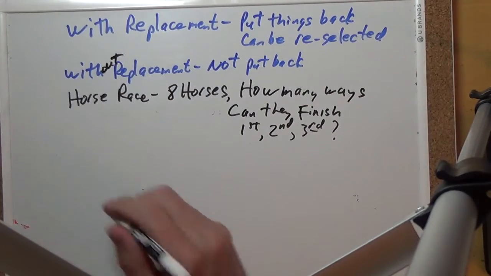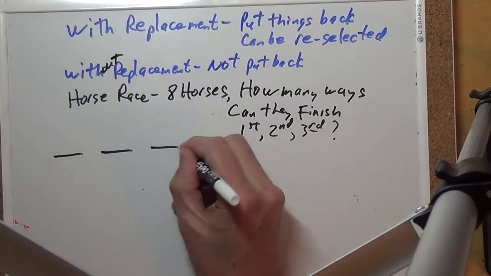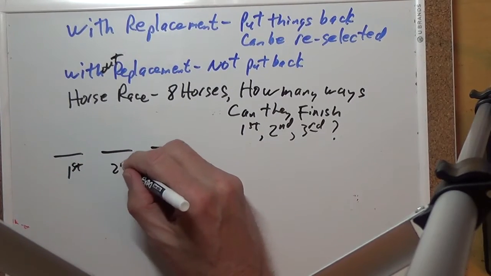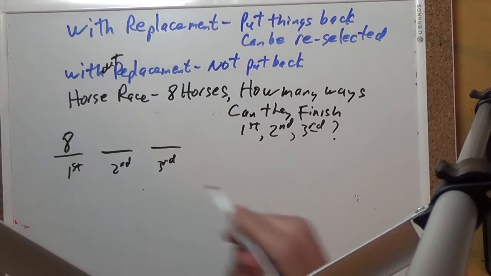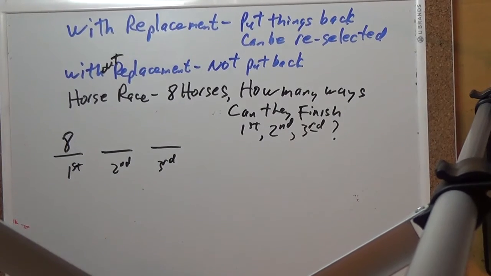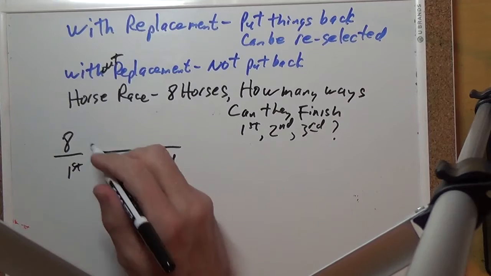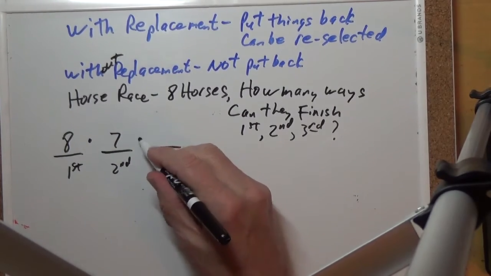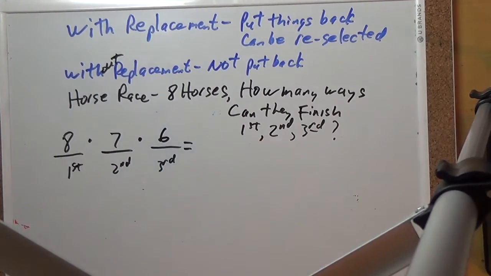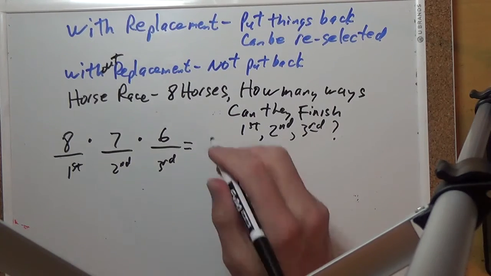I know somebody caught that. But I got 3 slots. First place, second, and third. So the reason this is without replacement, because there's 8 ways they can finish first. But some horse has to finish first, so there's only 7 ways for second. And now a horse has finished first and second, so now there's only 6 ways for third. So that's the total number of outcomes we can have, which is 336.